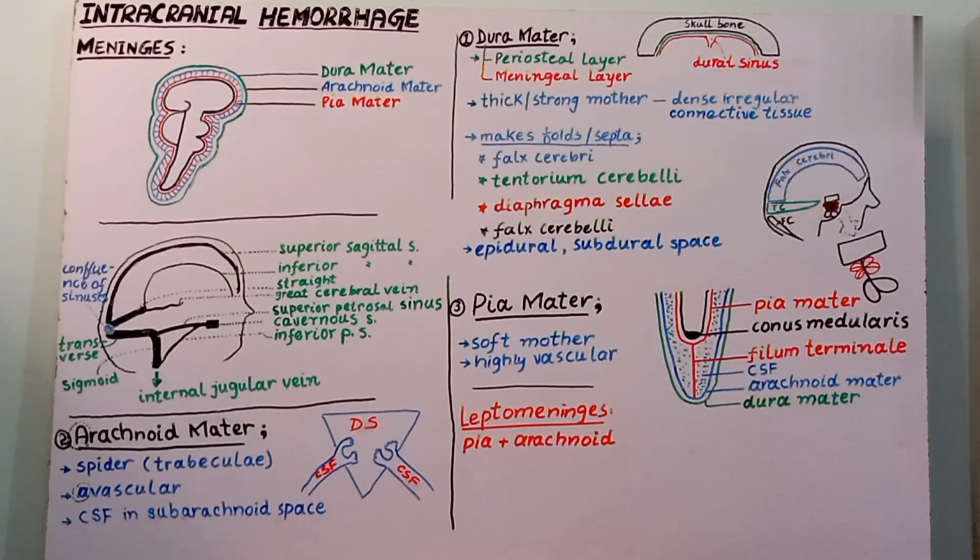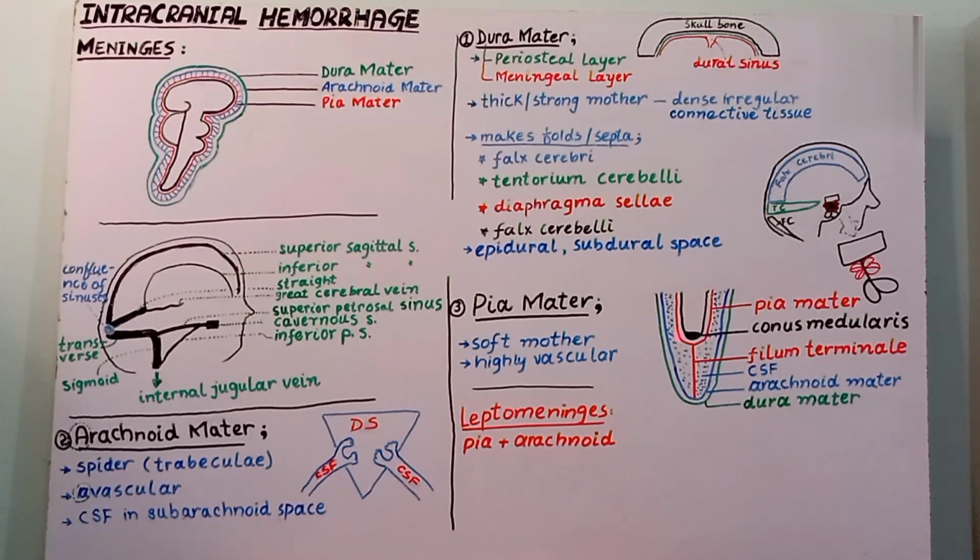Now I want to show you the end point of the spinal cord and the meninges. This is the lower end of the spinal cord, which I mentioned here in black, the conus medullaris. The pia matter does not extend down beyond the conus medullaris with the other two membranous layers, the arachnoid and dura.